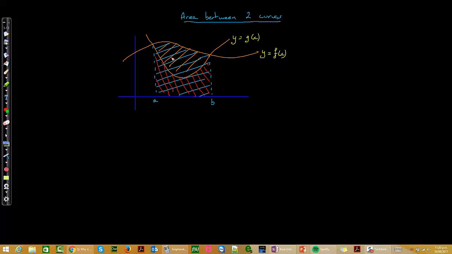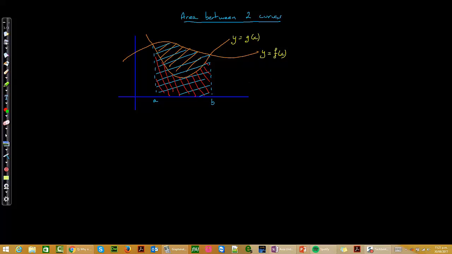So if we take that area in blue, which is underneath function f, and get the area which is underneath function g between a and b, which is the area in red, well, if you take the difference between those, take the blue area, subtract the red area, that will equal the area which is in orange.